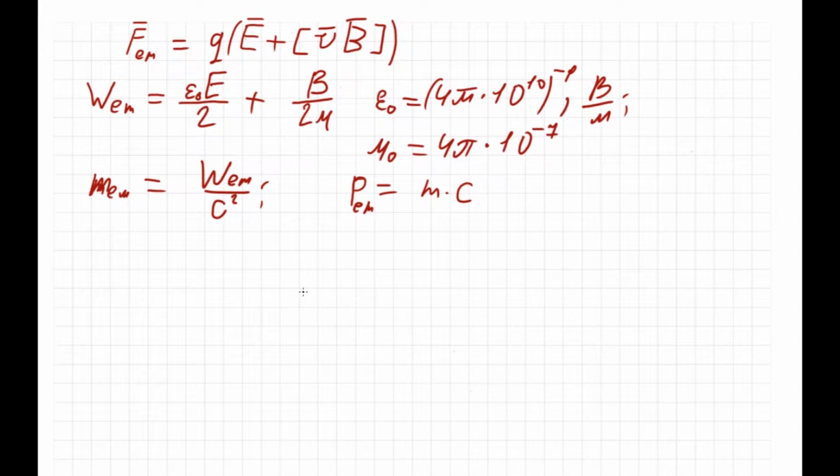Next, electromagnetic field exists as direct current field or alternating current field.